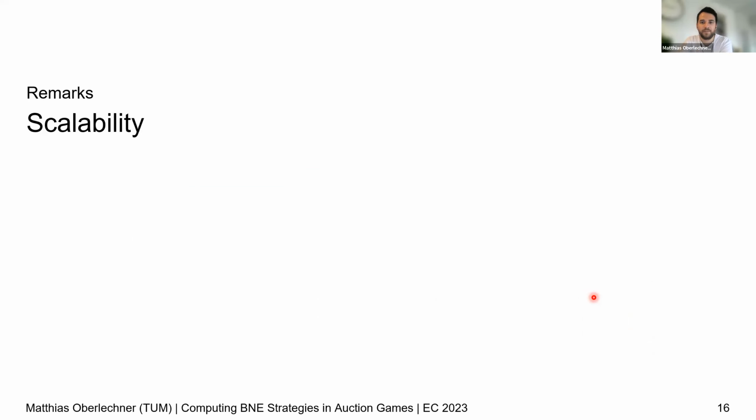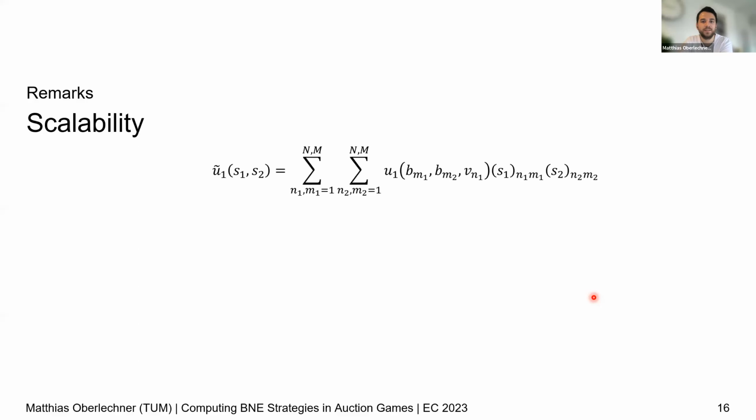One thing I have to mention, which is one downside of this approach, is scalability. If you recall the expected utility, we compute using these discrete distribution strategies. You can see that we sum over all possible utility outcomes.